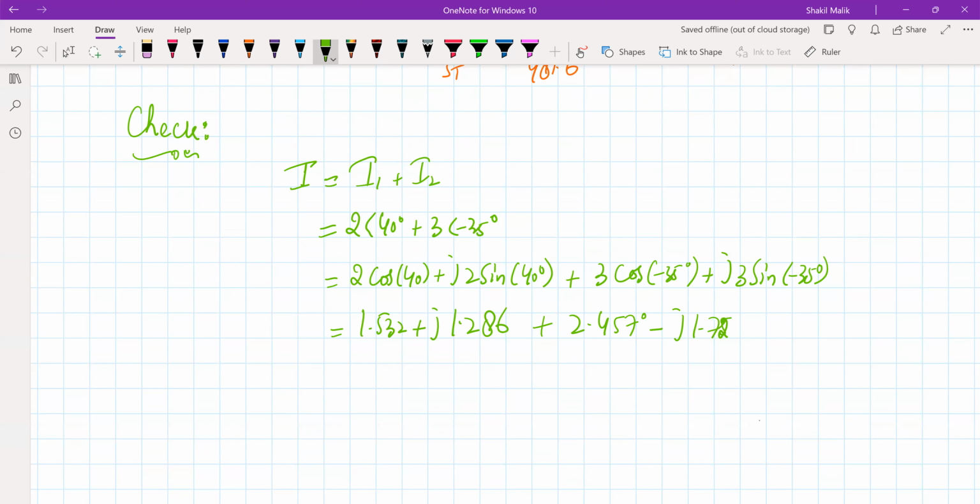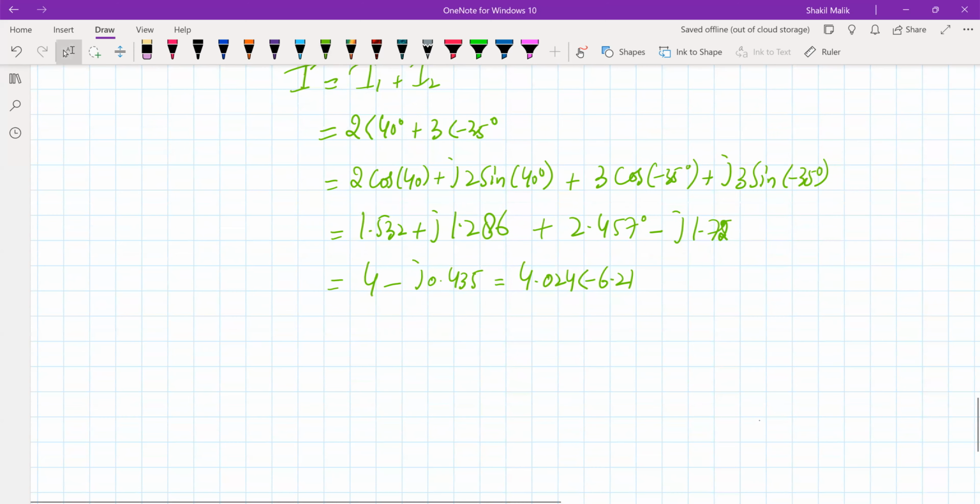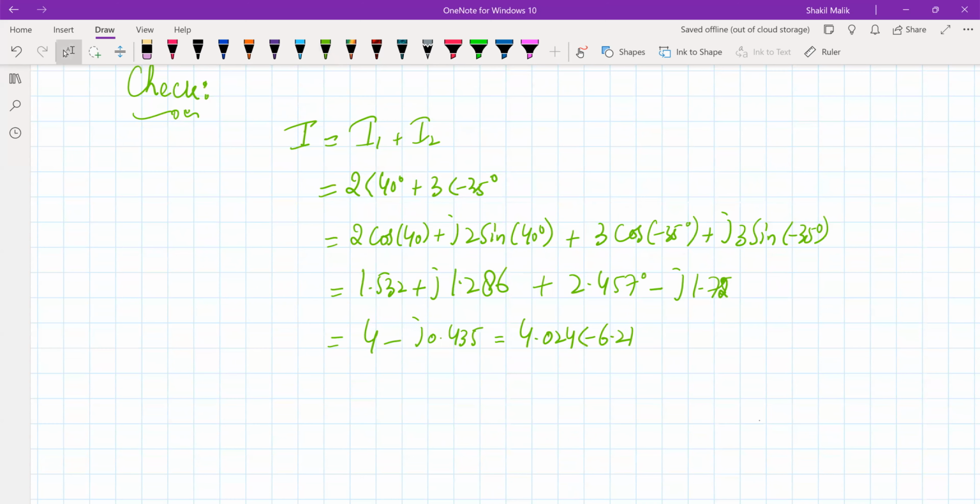Please verify the calculations. So it comes out to be 4 minus j 0.435, which in polar form is 4.024 at an angle of minus 6.21 degrees. So this is the current flowing through the source.